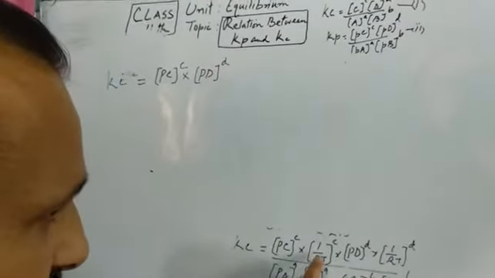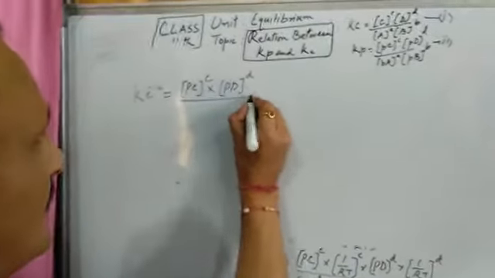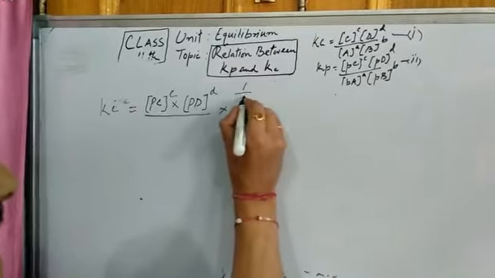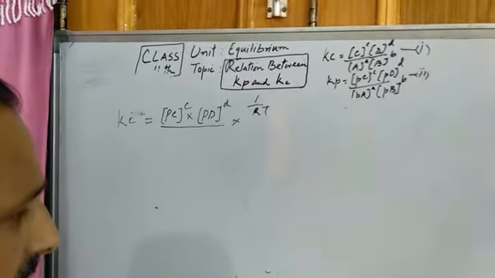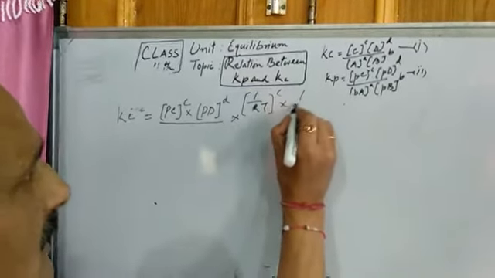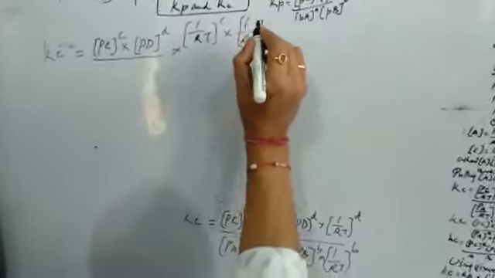Then let us take these reciprocals, 1 by RT raised to power c and 1 by RT raised to power d.